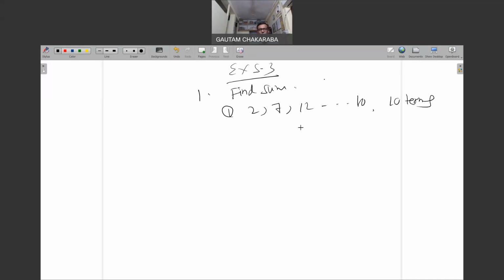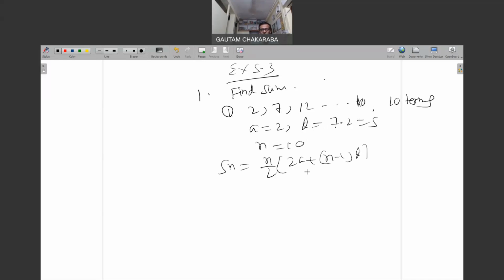Okay, so here the number of terms n is 10, and the first term is 2, the common difference is 7 minus 2, which is 5, and n is equal to 10. Now the identity for Sn is n by 2, 2a plus n minus 1 into d.